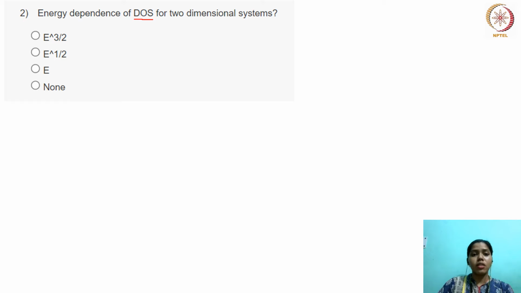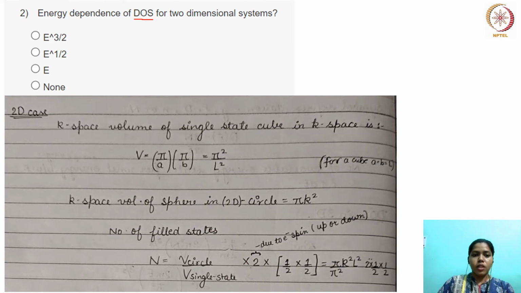So for the two-dimensional case, the k-space volume of a single state cube in k space is equal to pi by A multiplied by pi by B. Since we are talking here about the cube, we can take A equal to B equal to L. So when we replace the values of A and B with L, that will give us pi square by L square.